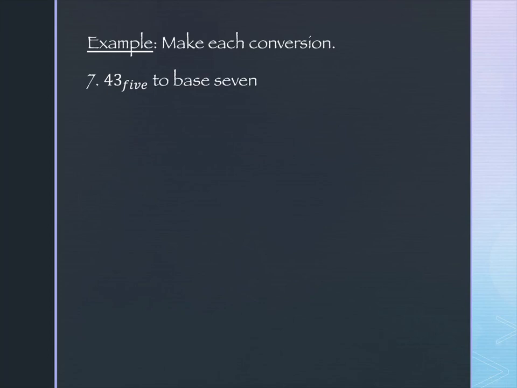So for these 2 in particular, 7 and 8, we're going to move from whatever base they give us, in this case 5, into base 10, which we know how to do because we've done examples. And then we're going to move from base 10 into whatever base we're working towards as our final answer, 7, because we've already learned how to do that too. So this is just 2 steps we've already done in other problems compiled into one problem.